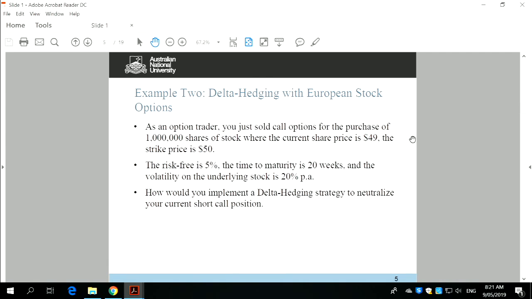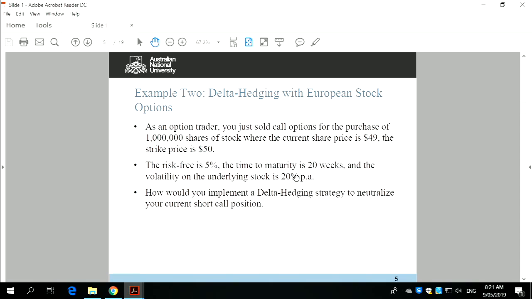The second example says, an option trader has just sold a call option for the purchase of 1 million shares. The current spot price is 49, strike price is 50, risk-free rate is 5%, time to maturity is 20 weeks, and the volatility on the underlying stock is 20%. So how would you implement a delta hedging strategy to neutralize your current short position in the call?